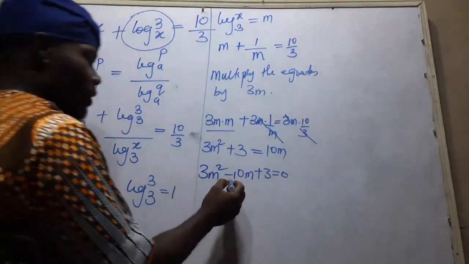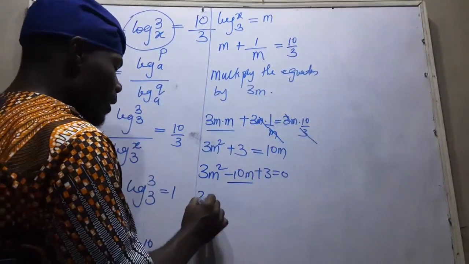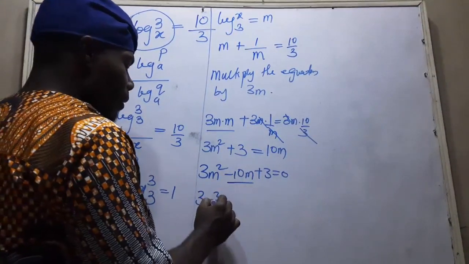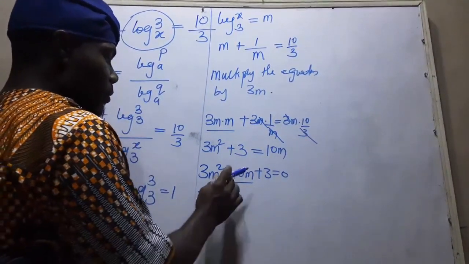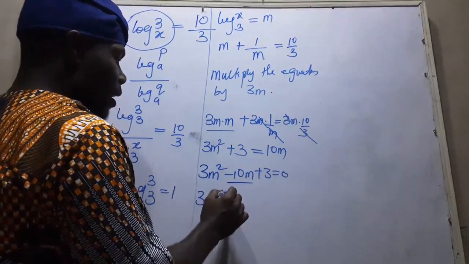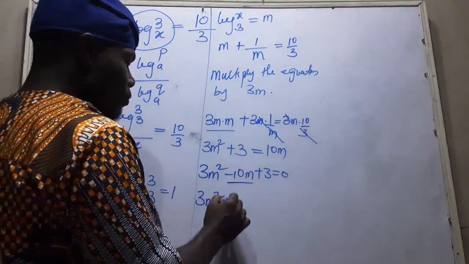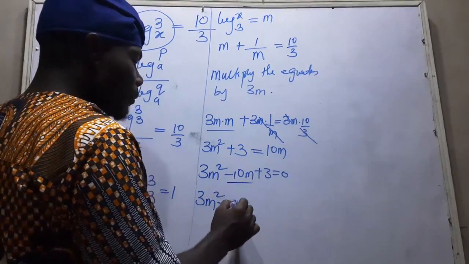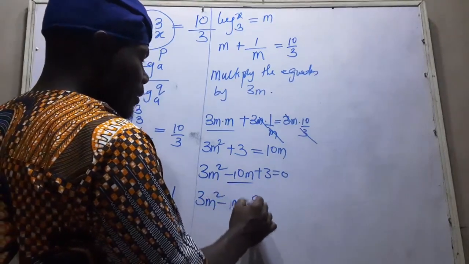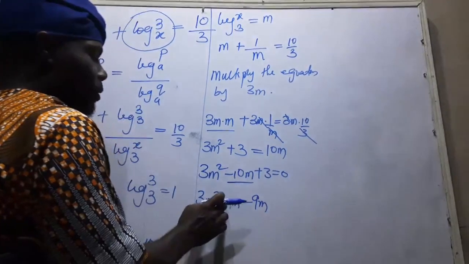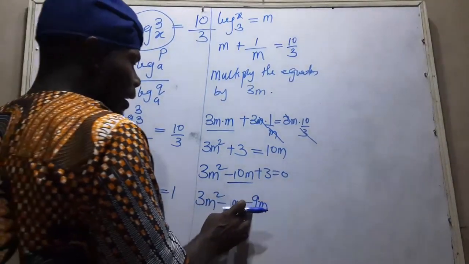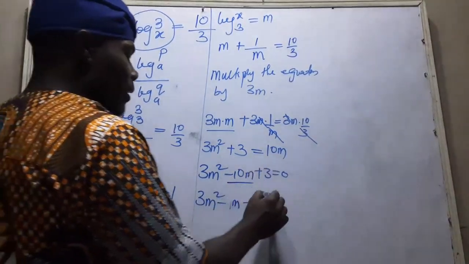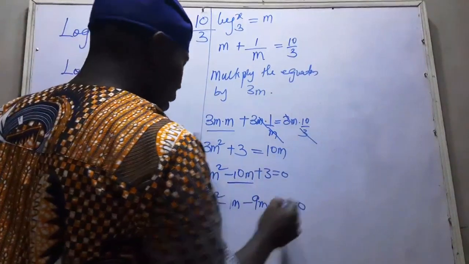Let's expand this to have 3m squared minus m minus 9m. By the time you multiply minus 1 and minus 9, it will give us plus 9. Plus 3 is equal to 0.